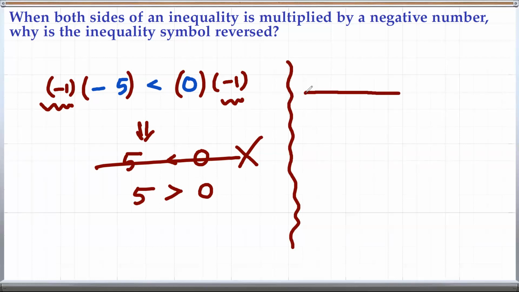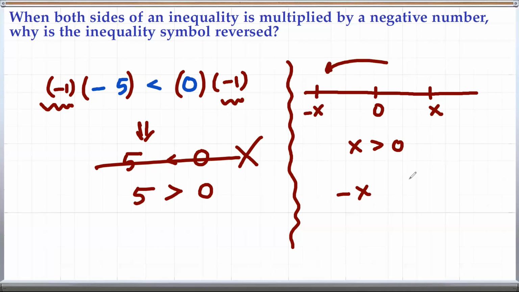So let's look at a number line. You have 0 here, and let x be some positive number. So we have x greater than 0, since x is some positive number. Then what about negative x? If you multiply this x by -1, making negative x, that negative x on the number line will be somewhere over here on the other side.